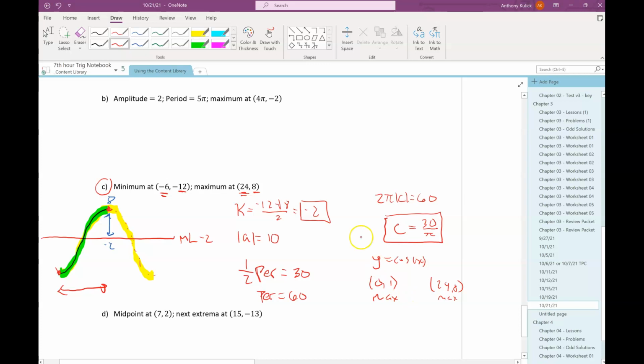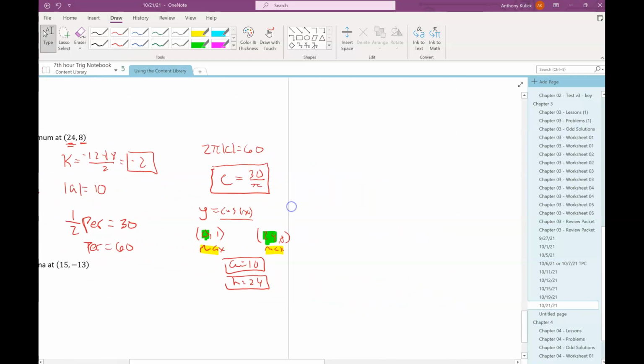Since they are both maximums, what does that tell me about A? Good. And since the parent function's x-coordinate is 0, what does that tell me about h? 24. It's the x-coordinate from the transformed function, so 24. And that's everything we need.